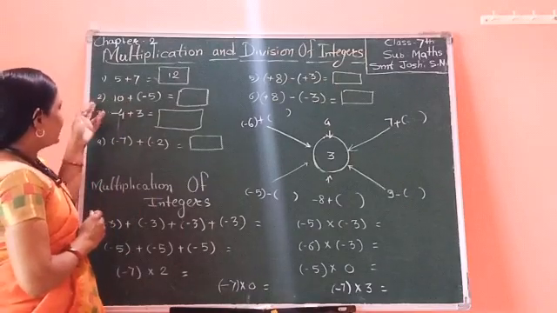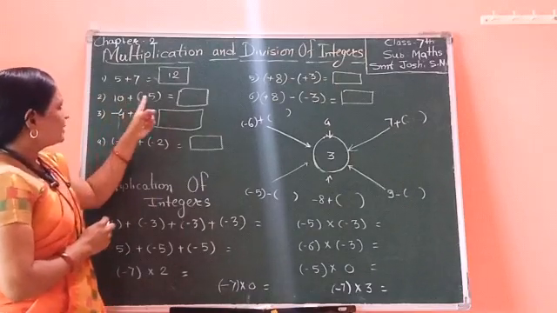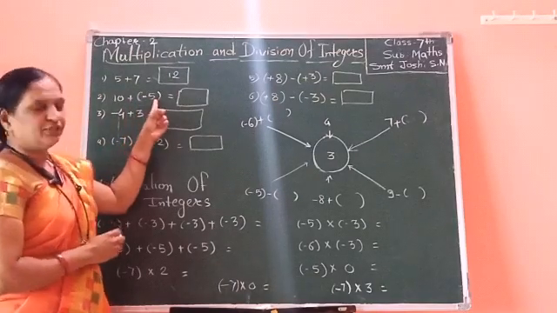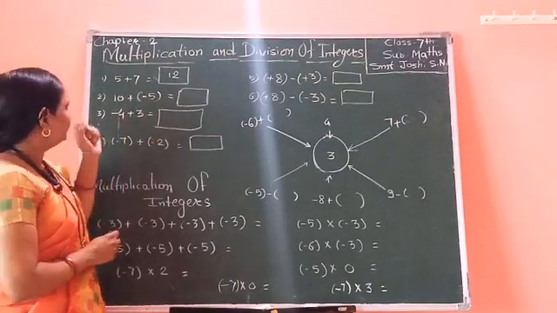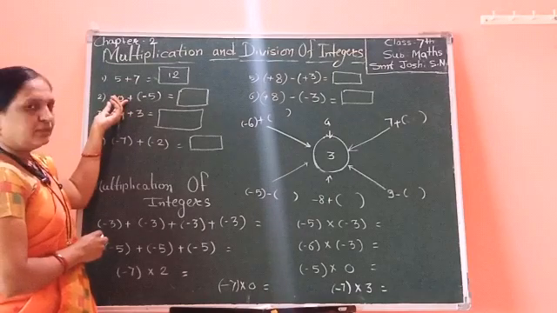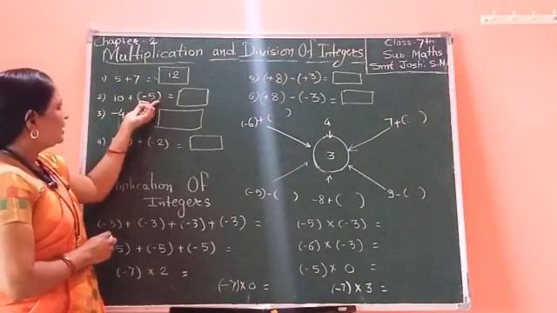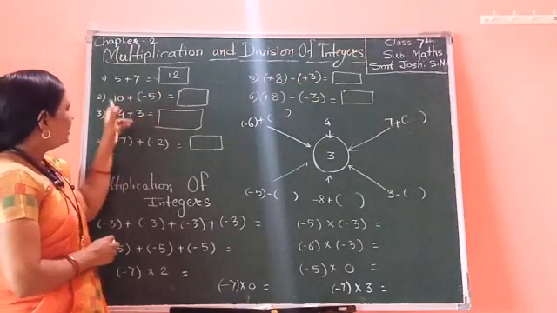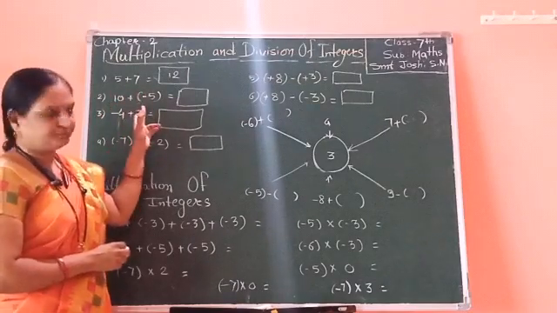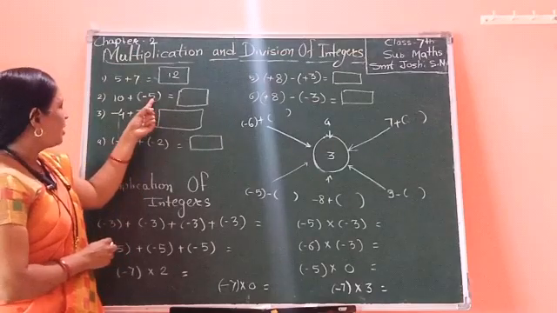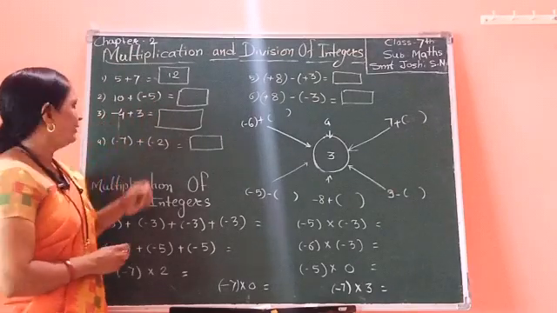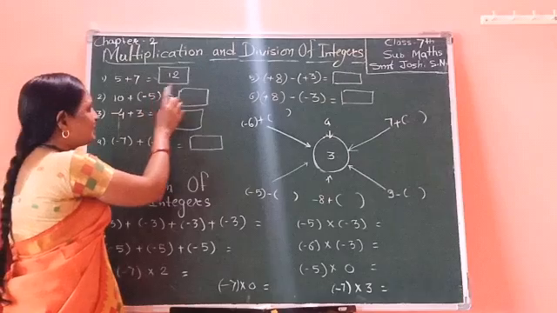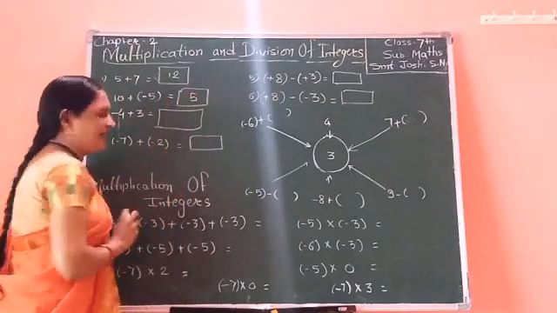Next, second example, 10 plus negative 5, means minus 5. This 10 is positive, this number is negative. When one number is positive, another is negative, then subtract the smaller number from the bigger number. 10 minus 5 equal to 5.